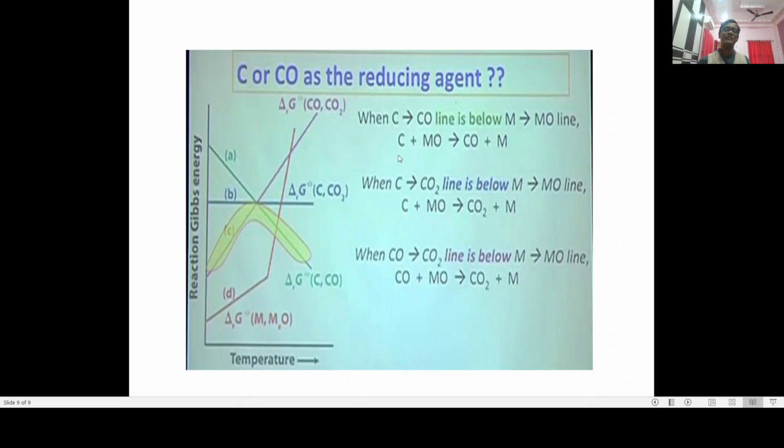When the carbon to carbon dioxide line is below the metal oxide line, then carbon and metal oxide become carbon dioxide and metal. So these are the reducing agent effects of carbon monoxide and carbon.